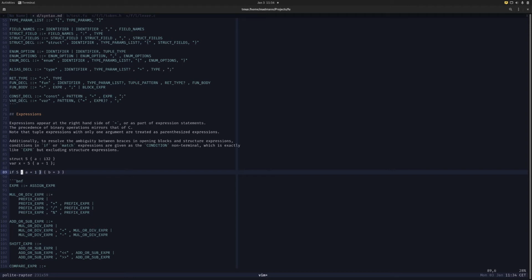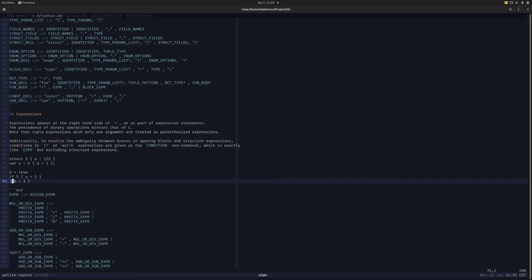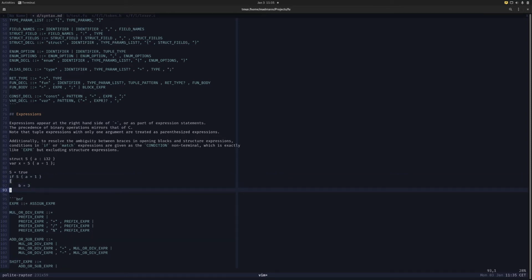So if S evaluates to true, then assign 3 to B, but it could also be if S has a name alone, like S is equal to true, if S, then assign 1 to A, then assign 3 to B. As in, this is actually a block. And because there's no semicolon at the end, it's still valid, but the value returned is the value of B, just like in C. So there's this ambiguity.